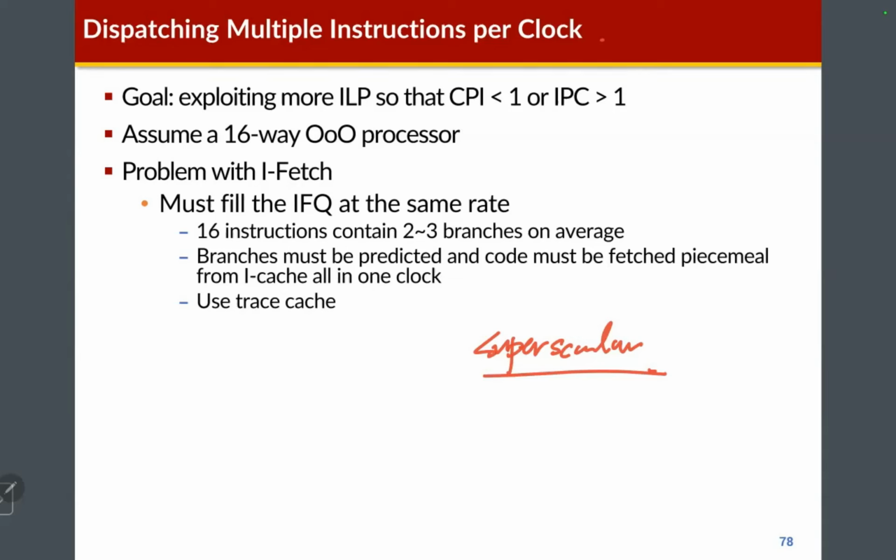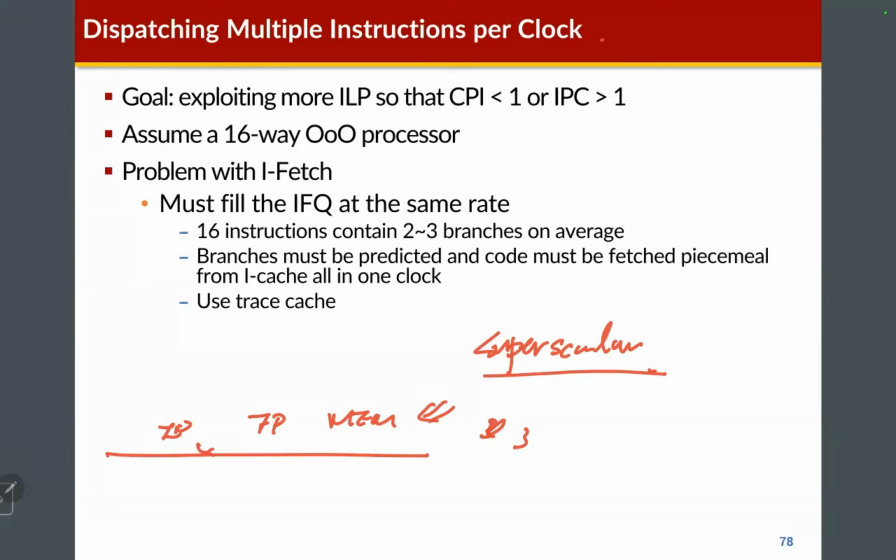But if we see the architecture of the out of order processor, we can find that it has multiple execution units, like an integer unit, a floating point unit, and a memory unit. So our processor can actually execute at least three instructions per clock, because there are multiple execution units.